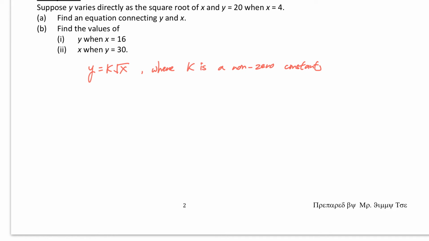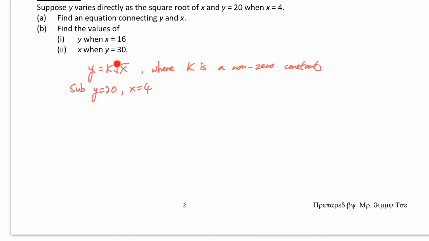And one piece of given information between x and y: when y is equal to 20, x is equal to 4. Then you can substitute y is equal to 20 and x is equal to 4. Why? Because I want to find an equation connecting y and x. This is an equation, but it connects not only x and y, but also k.